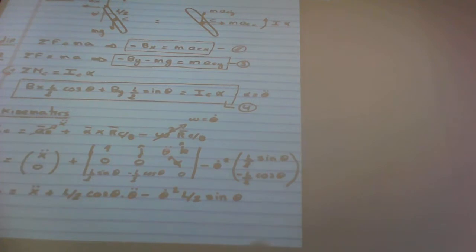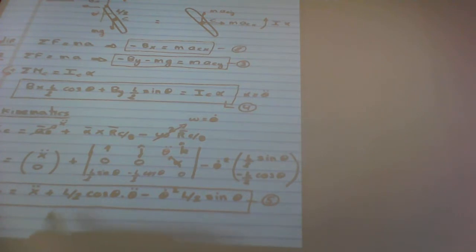To simplify this problem, I could have said that the bar and the block started from rest, meaning that all these terms would be 0. This will be equation 5, and ACY will be what?